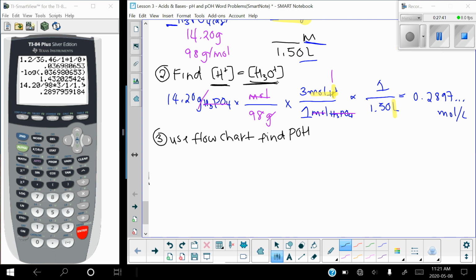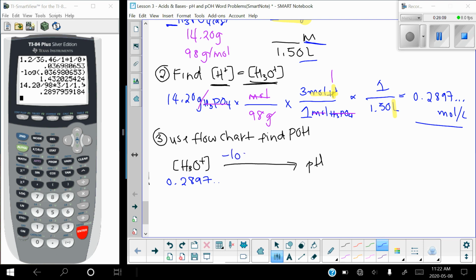They are the same thing. It's a 1-to-1 ratio. So we're going to start off with our hydronium concentration. H3O+, this is 0.2897... To convert this into pH, we are going to take the negative log of this answer.